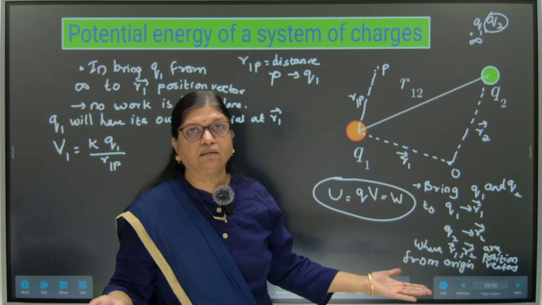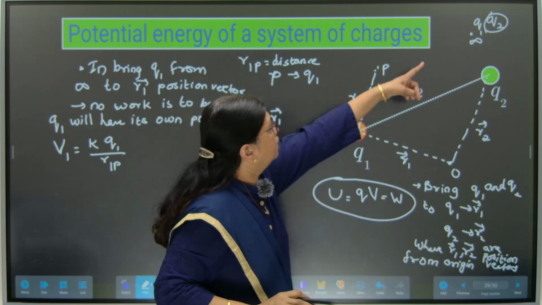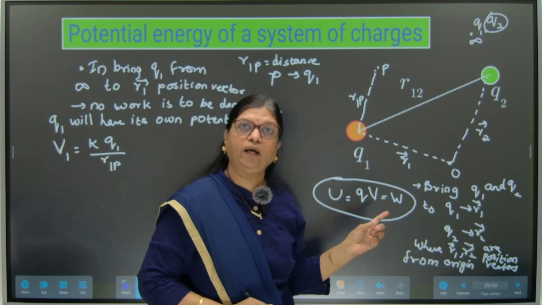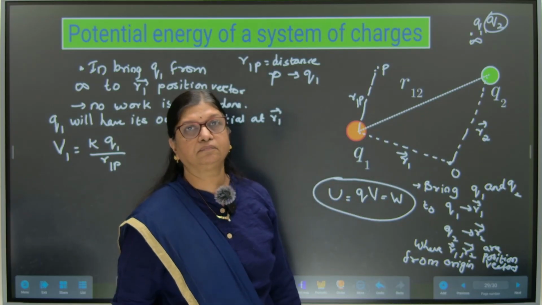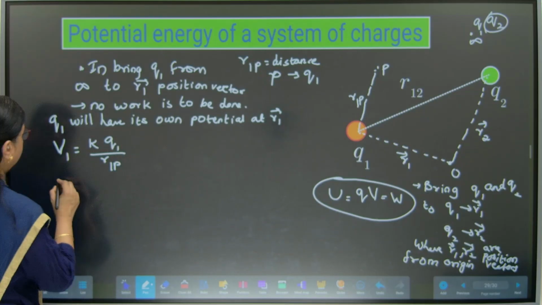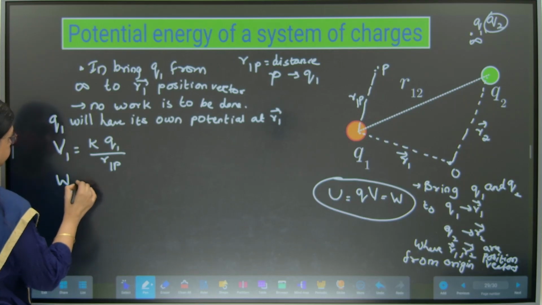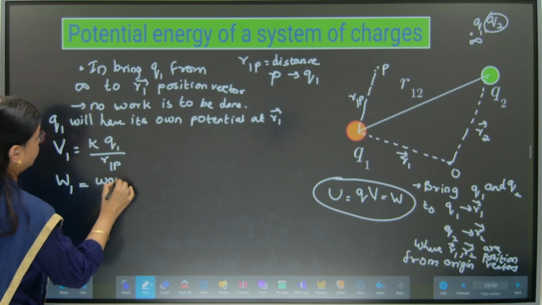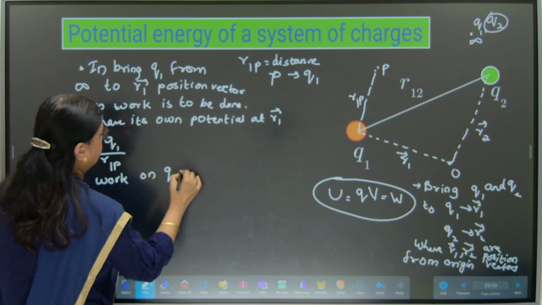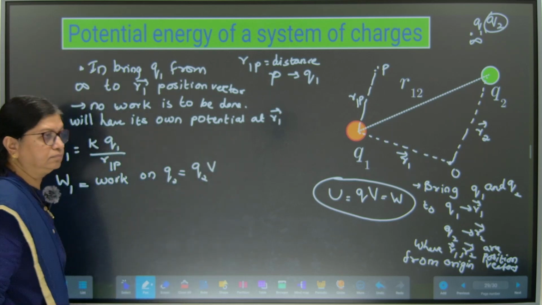We have already read that for a point charge, the potential is the same on a concentric circle. So this charge will face the potential of Q1, so work has to be done. How much work has to be done? Let us name that work W1. What is W1? Work on Q2 is equal to Q2 times V1.